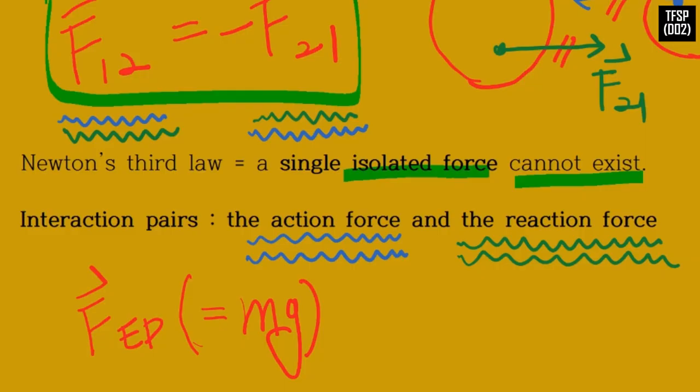The reaction to this force is the force exerted by the projectile on the Earth, equal to negative F_EP. As this example shows, we identify the action and reaction forces simply by exchanging the object that exerts the force and the object the force is exerted on.